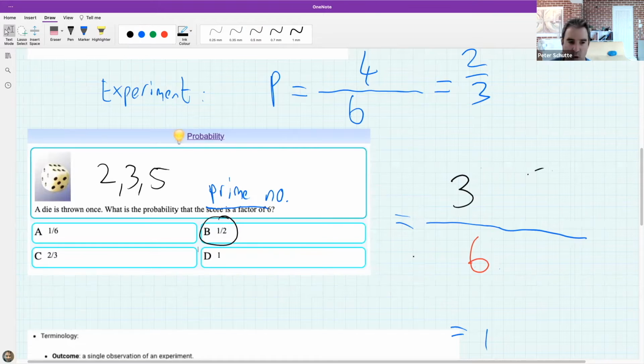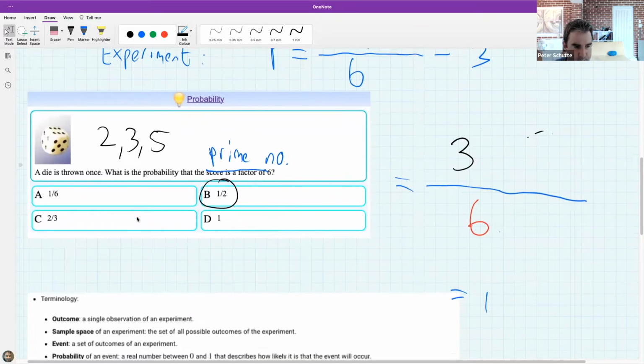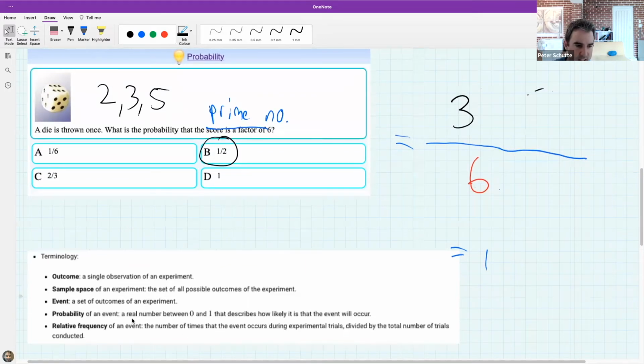I want to quickly go through some vocabulary, and then we're going to carry on practicing this idea. If we talk about calculating probability, we have this one formula that we really need to get used to, which I was just modeling for you now. A sample space of an experiment is the set of all possible outcomes.